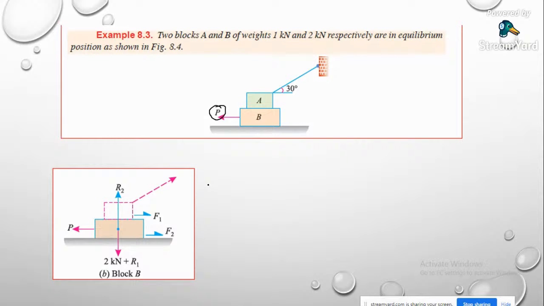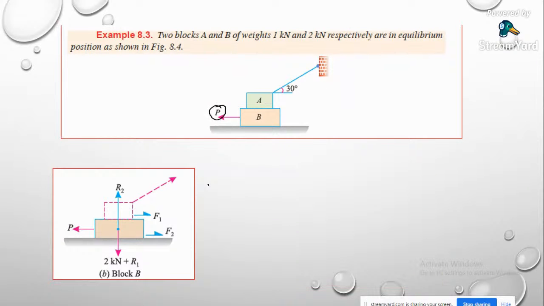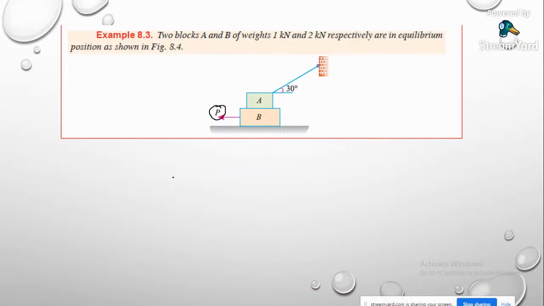Next I will discuss the body on an inclined plane, subjected to W acting, having angle theta, with one kind of inclined load. That we will discuss in tomorrow's class.